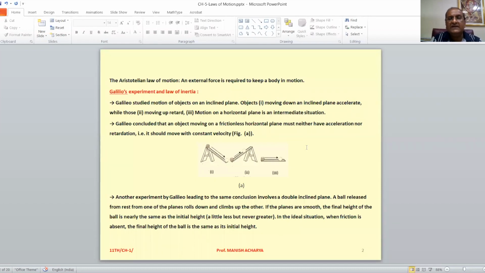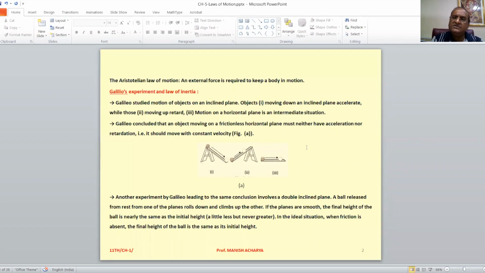Suppose you are cycling, then if you want to sustain the motion of the bicycle, you have to continuously pedal it. So you feel this thing. Yes, to sustain the motion, to keep the body in motion, an external force is required.